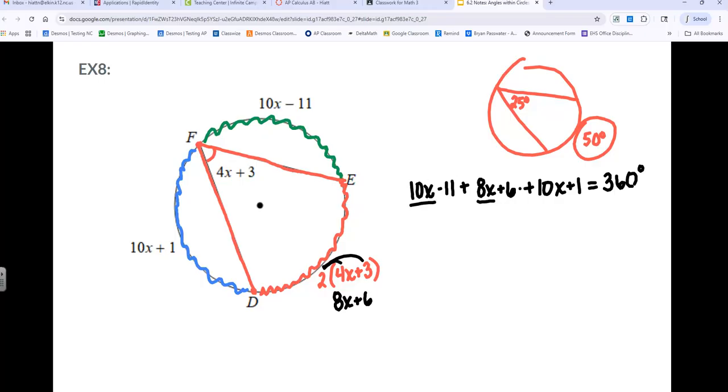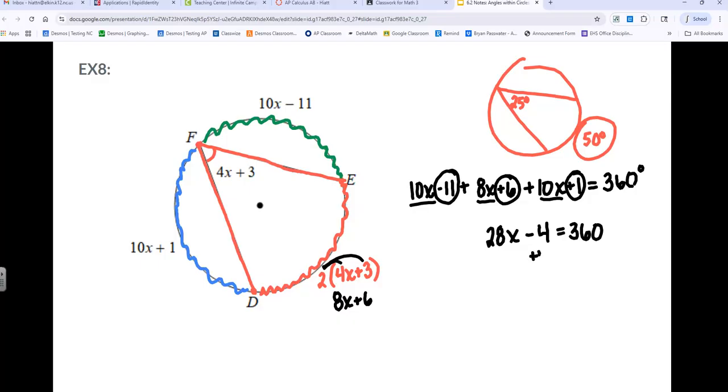We got 10x, 8x, and 10x. We could put those together. We'll get 28x. Then we've got negative 11, positive 6, positive 1. So negative 11 plus 6 is going to be negative 5, plus 1 we'll get negative 4 equals 360.